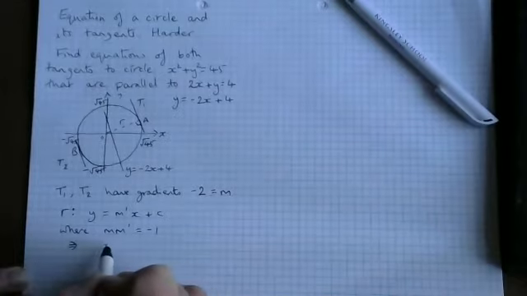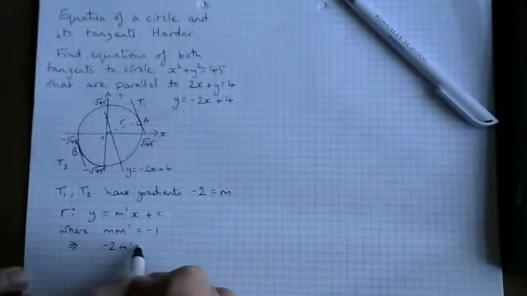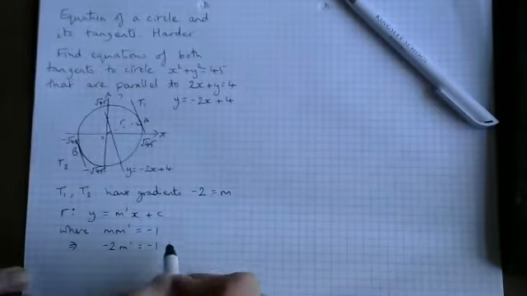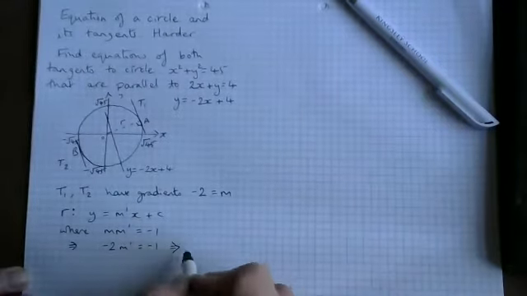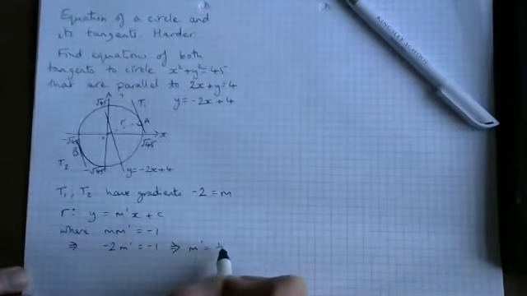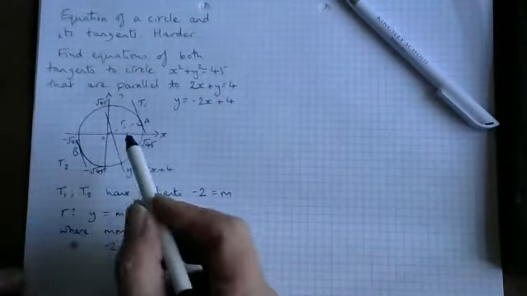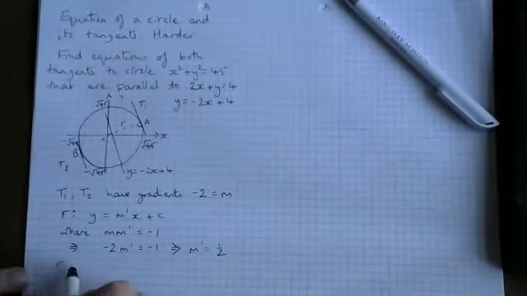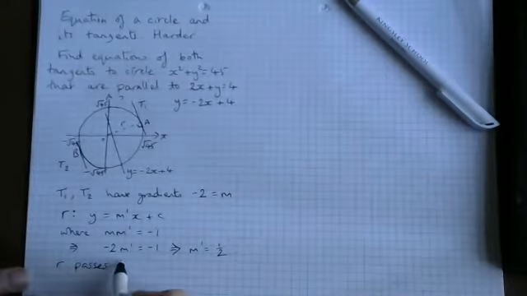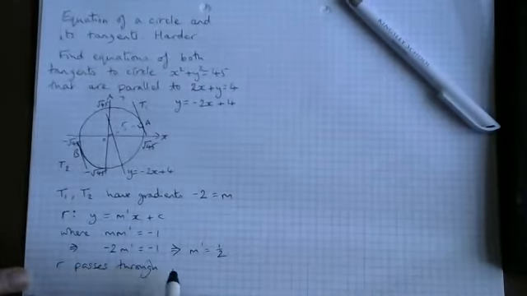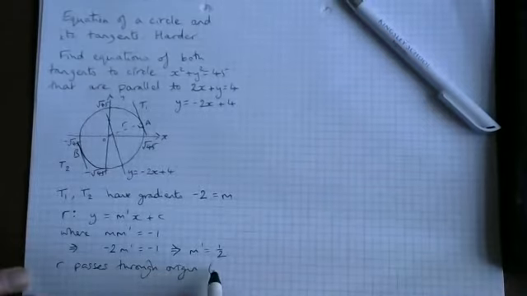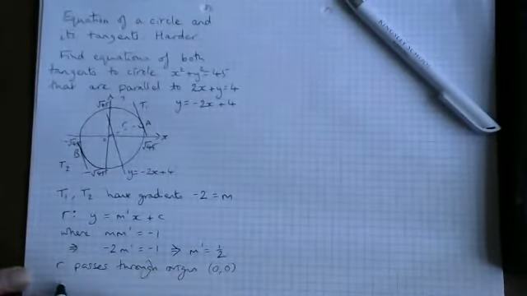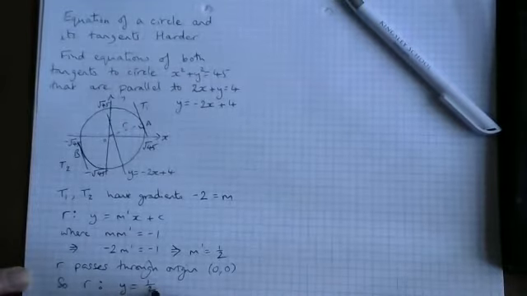That implies that minus 2 m prime equals minus 1. A very quick bit of rearranging tells me that m prime equals a half. So r is such that y equals a half x plus c, but also r passes through the origin, 0, 0. So r is such that y equals a half x.